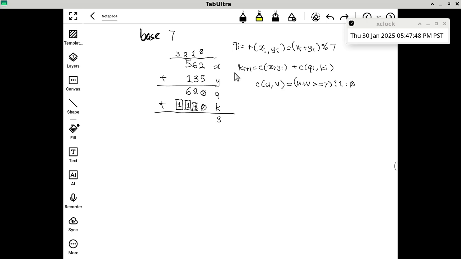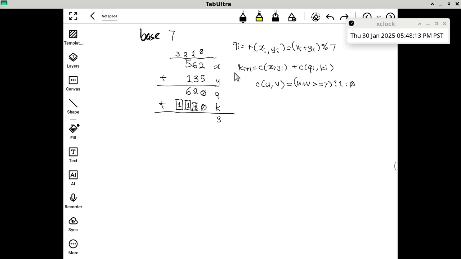Because this digit depends on what happens in the previous column. That's why it is k i plus 1 depending on xi, yi, qi, ki, because those are all referring to the values from a previous column, or the column to its right hand side. Nope, the structure does not change.